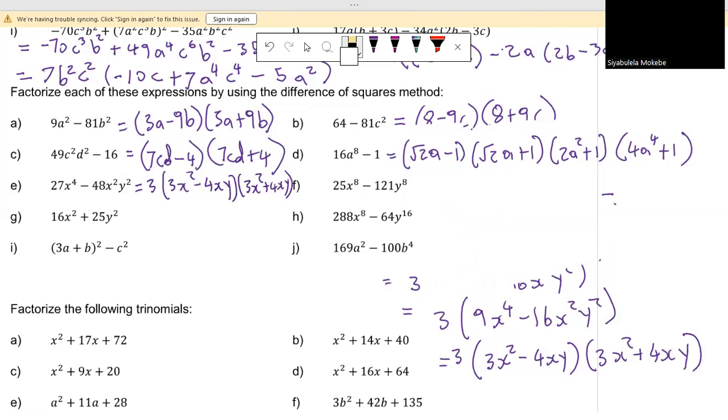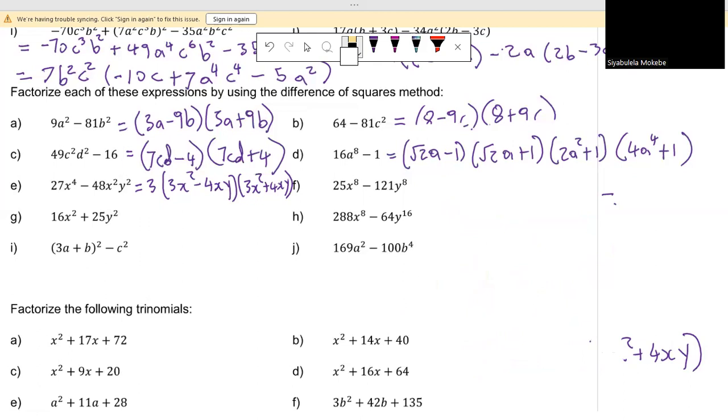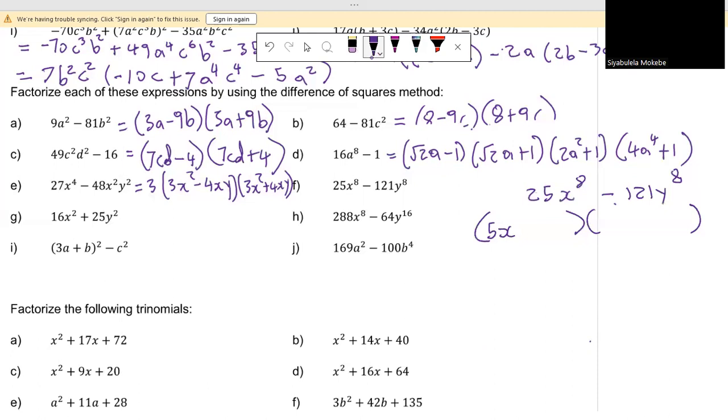Okay, now let's look at f. Ooh, f looks like it's going to be long, but let's see. 25x to the 8 minus 121y to the 8. 25 is a square, 121 is a square, so we can use difference of squares. The square root of 25 is 5, the square root of x to the 8 is x to the 4, the square root of 121 is 11, y to the 4.